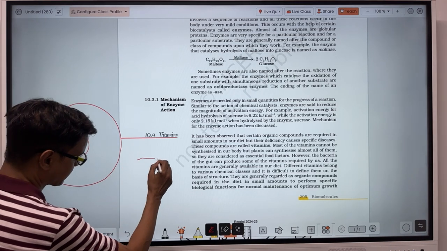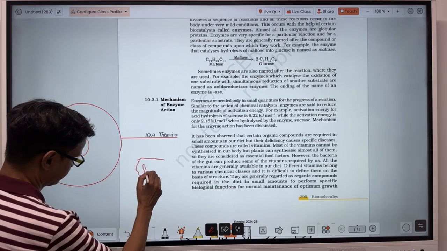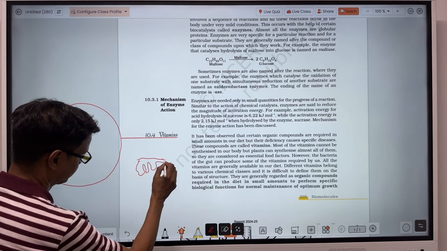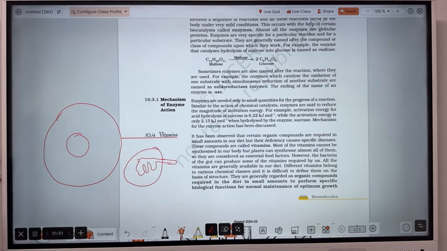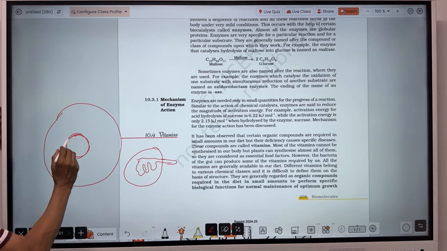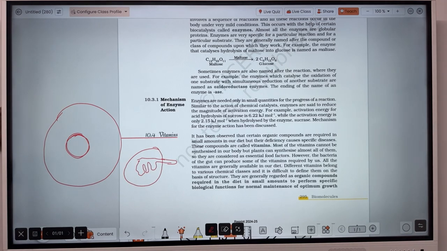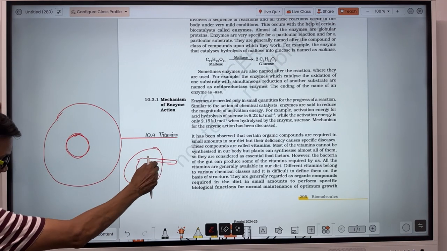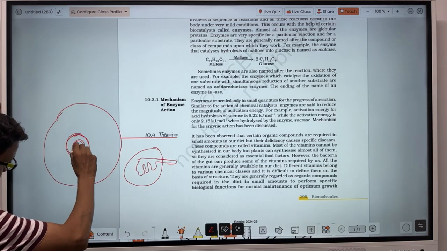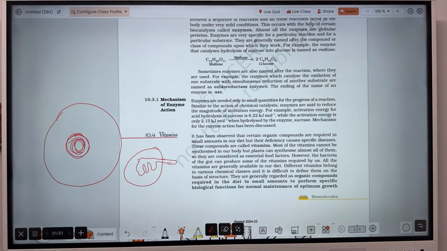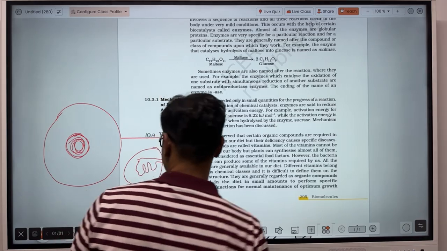The shape of the key and the active site of the lock are complementary to each other. Complementary means that the key can be fitted in the active site of the lock.